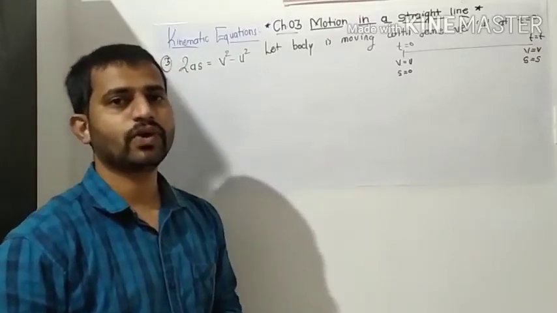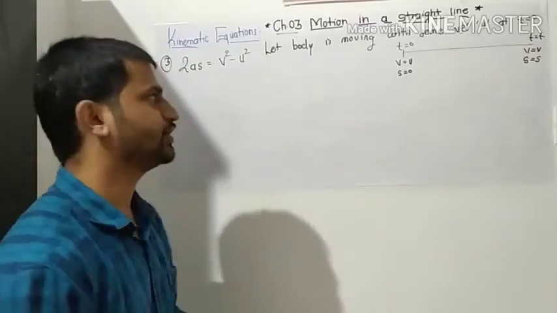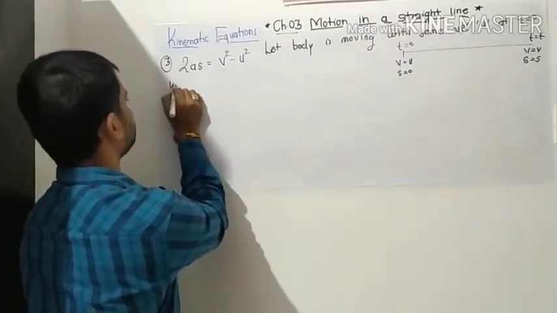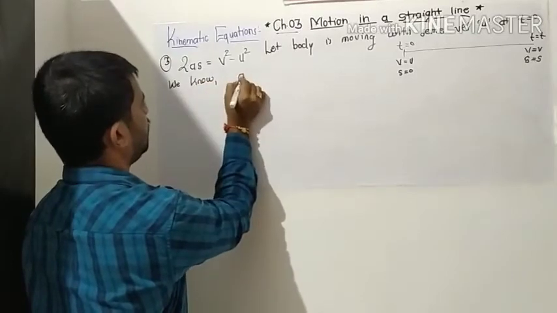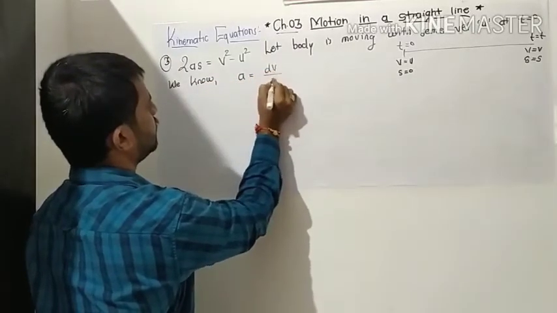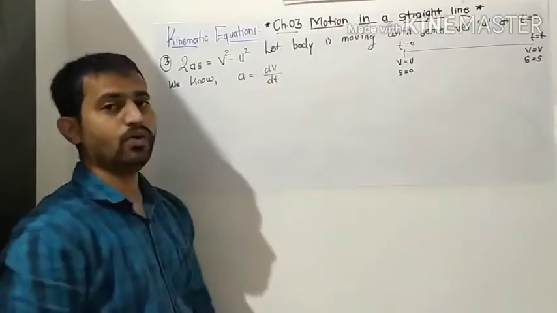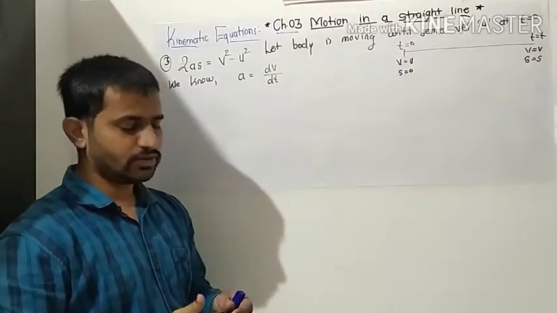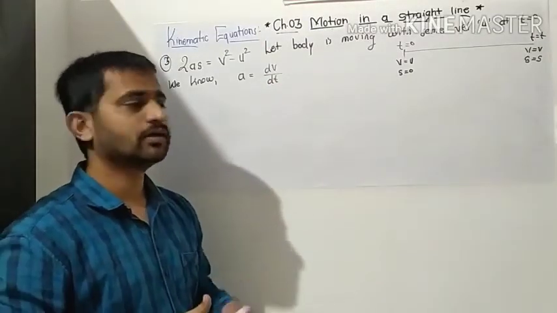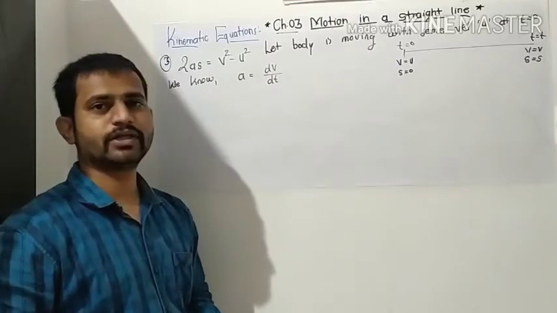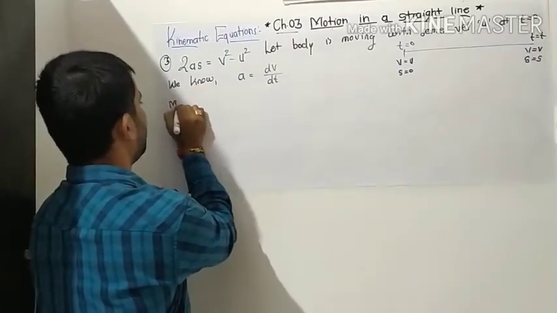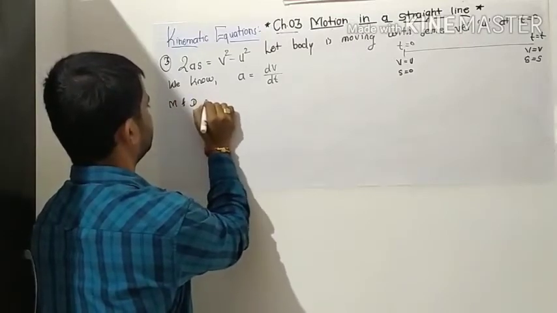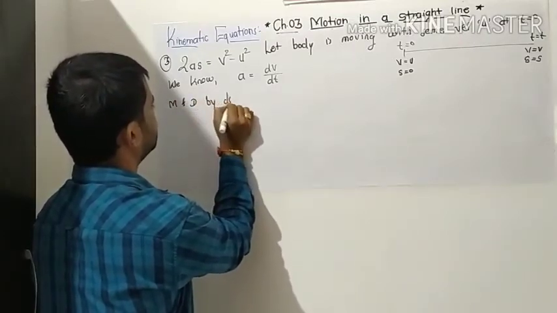Okay, so we have the equation of the acceleration. We know a is equal to dv by dt, so let us multiply and divide the right hand side by ds.